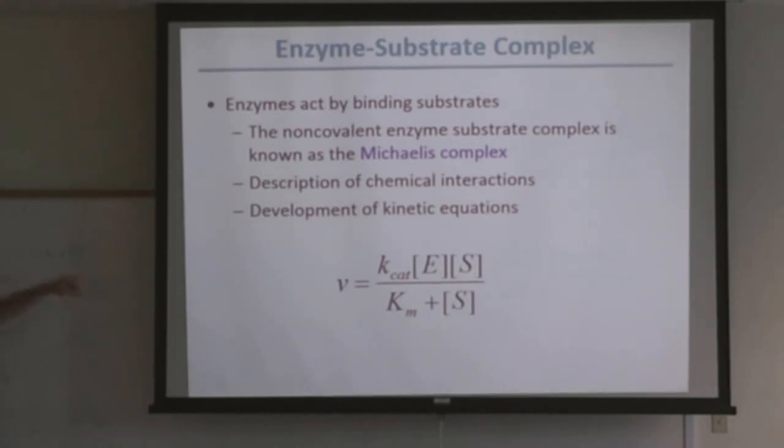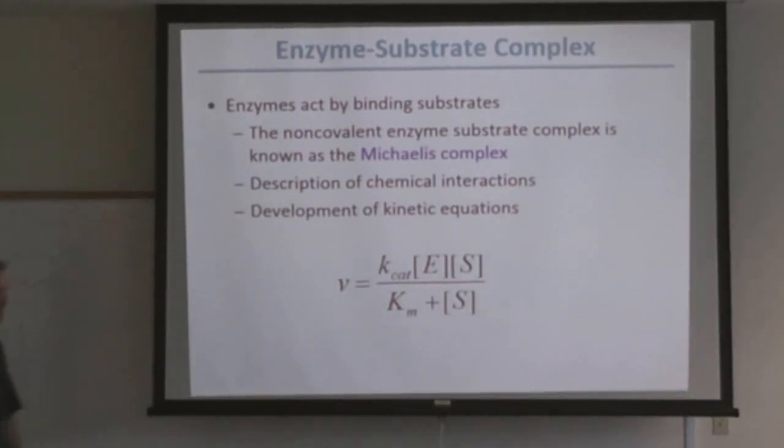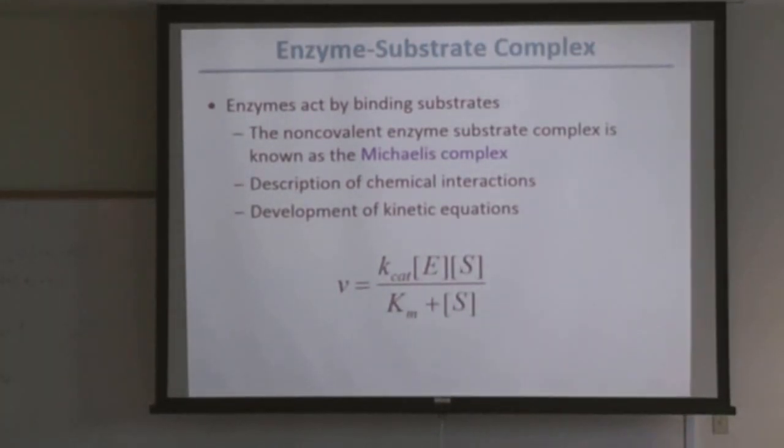So K2 normally is going to be equal to the K cat. Does that make sense? And you can calculate that by determining what your V max is. And the V max, you're not going to ever pass it.